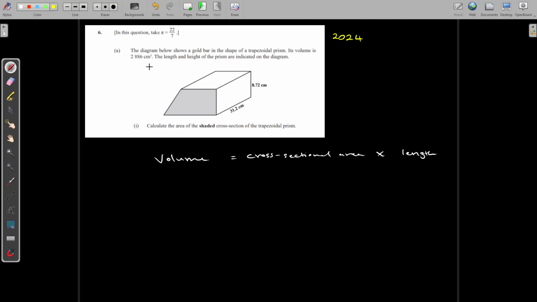So they gave us the volume, 2,886, and they want us to tell them the cross-sectional area. That's what we don't know. The length we do know. So to get the cross-sectional area, we simply divide.